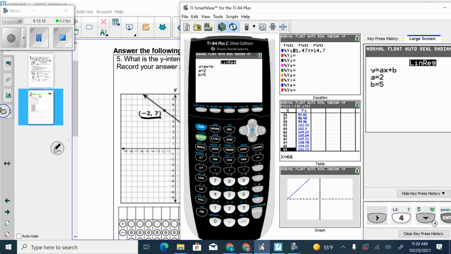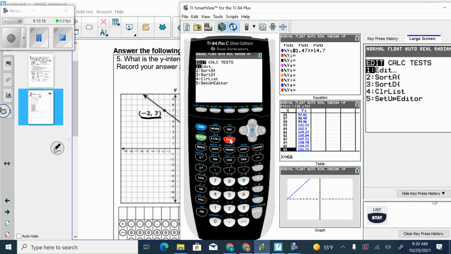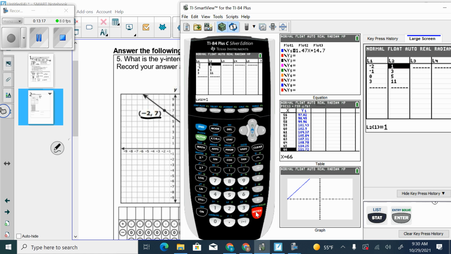So we go in to Stat, Edit, go in and clear whatever is currently in your lists, and type your new x values in list 1, which would be -2 and 6. And then in list 2, you put your y values, which are 7 and 1.